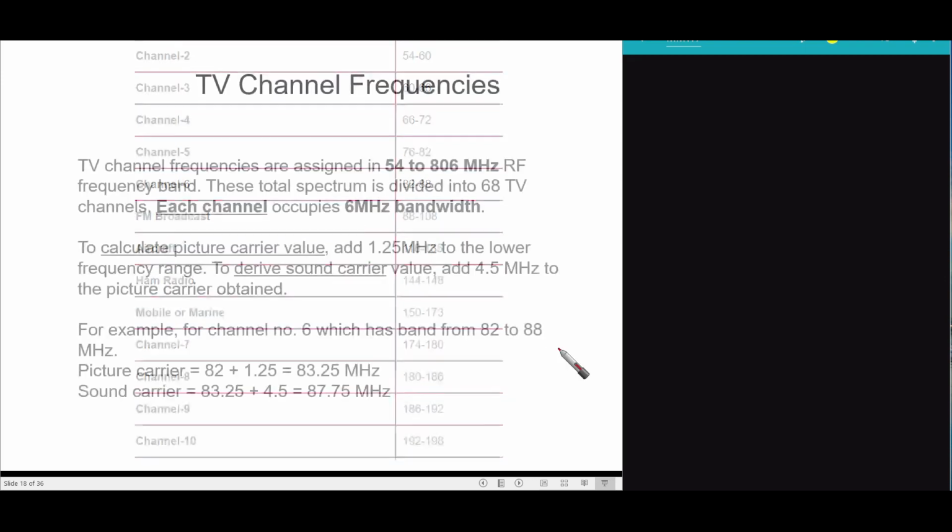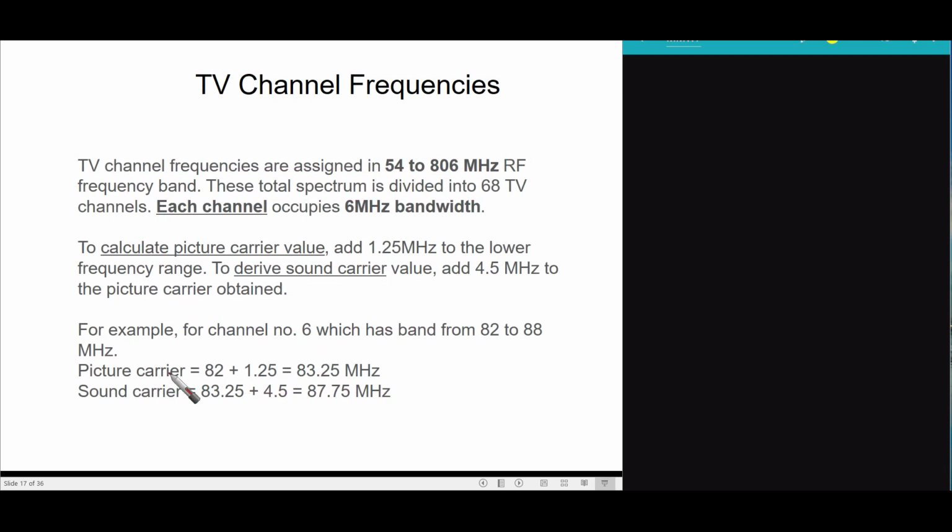Now if it is so, what is the picture carrier? Because this is now the reference point, it would be 82 plus 1.25, so that is 83.25 megahertz. This is for the picture carrier, or for luminance information. The luminance information, or the brightness signal, will be transmitted using this carrier.